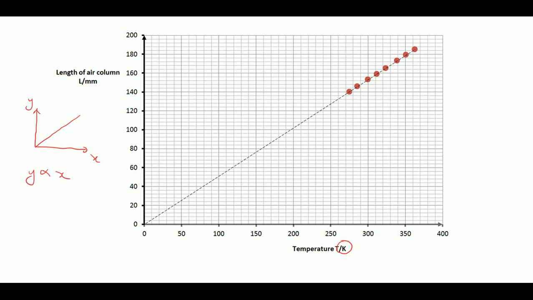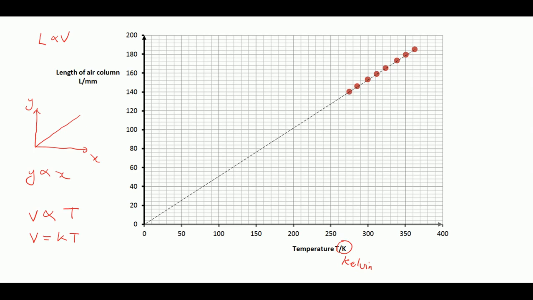So in this case, remember I said that length is directly proportional to volume, so we can say that volume is directly proportional to temperature, where temperature is in Kelvin. So what we get is V is equal to KT.